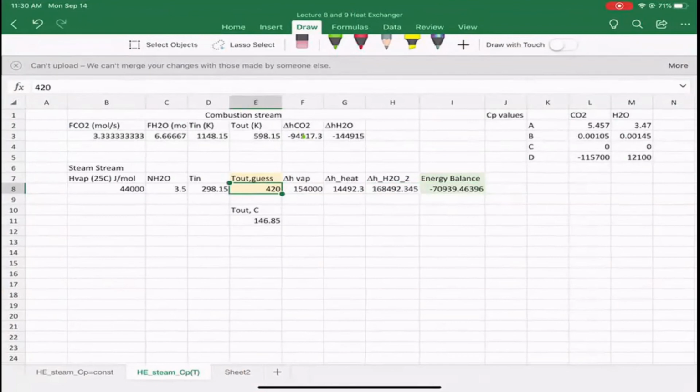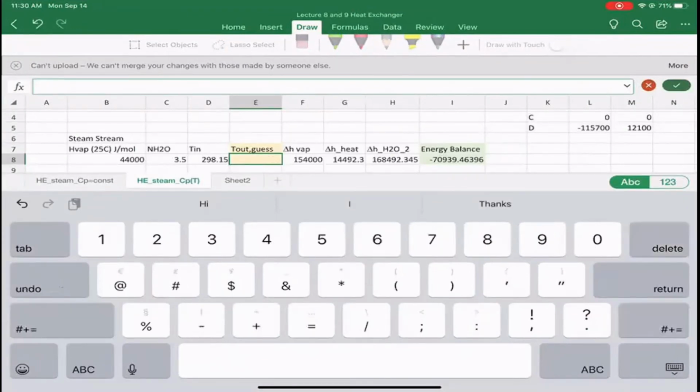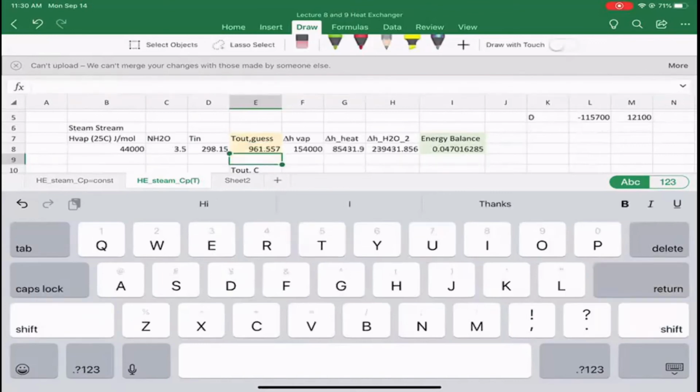So what I did was I used goal-seek to change this value. And unfortunately, in the iPad version of this, goal-seek does not work particularly well. So I goal-seeked this before class, and it was 961.56 Kelvin.